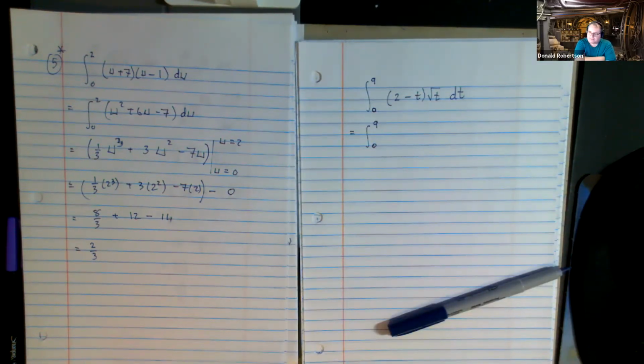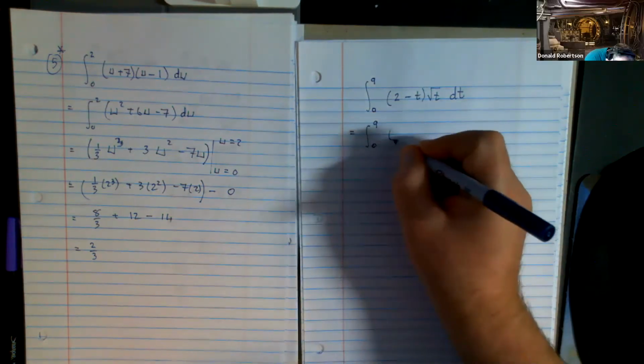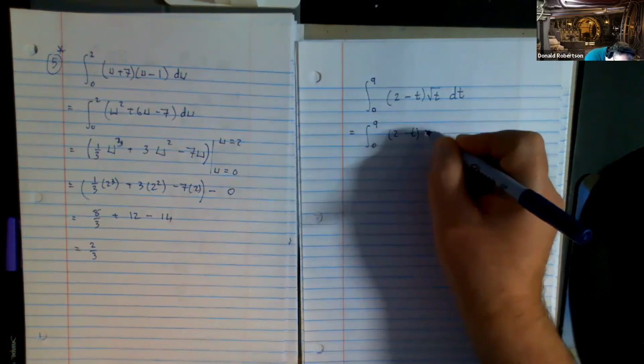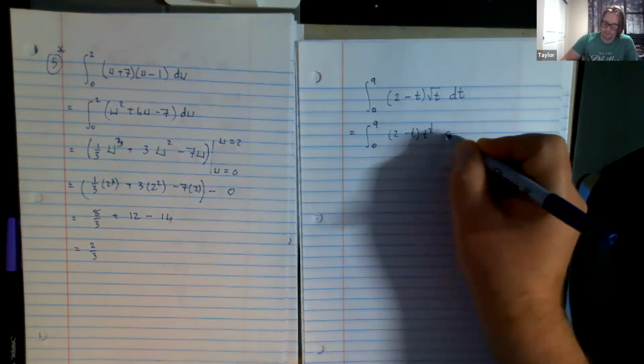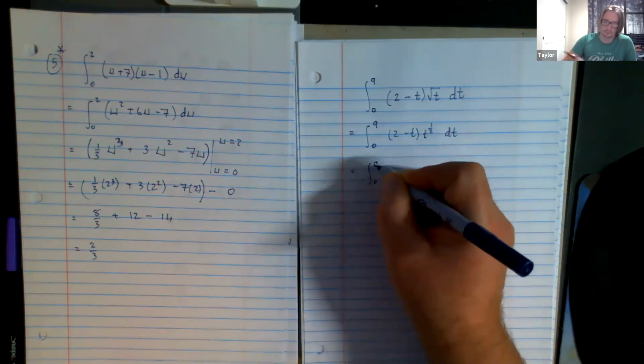I've got to get it fixed so that we can deal with it. What could I do? Change the square root of t to the 1/2. I like the thinking. Yes, you do that. You're right. What do I do next?